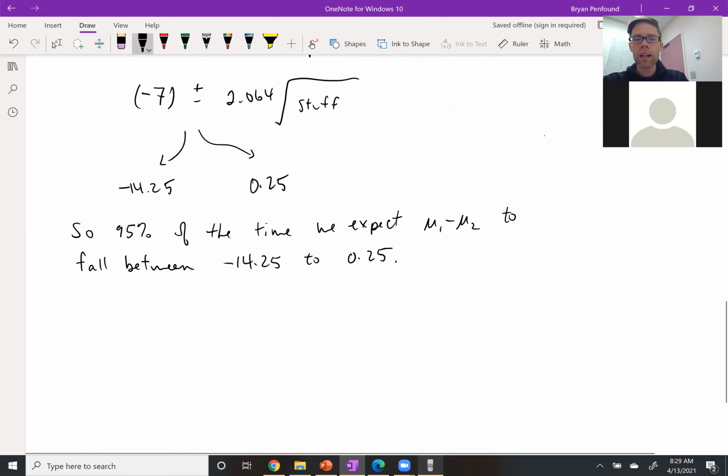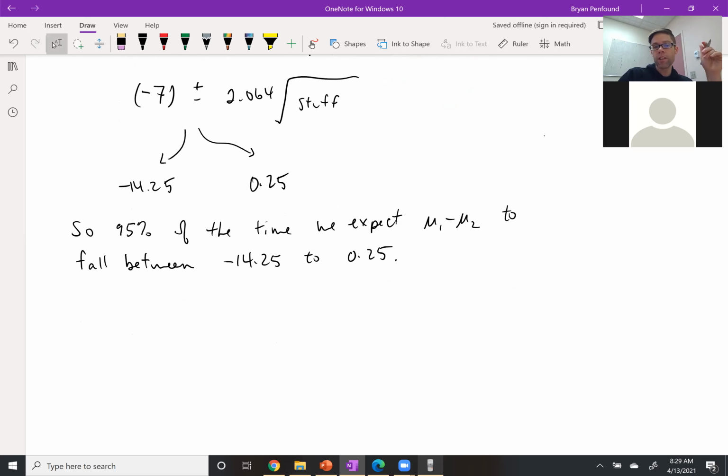And remember, we're talking about the true target population. So we use our estimates, we create this interval, and this is like an expected interval where we do expect the true target population to fall.